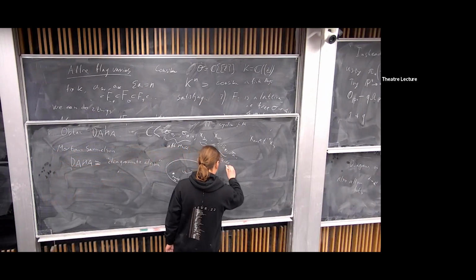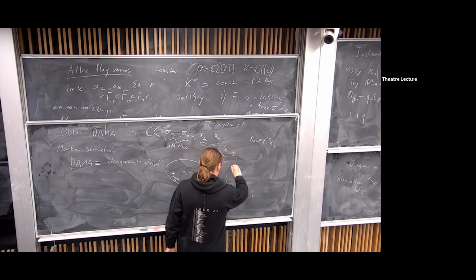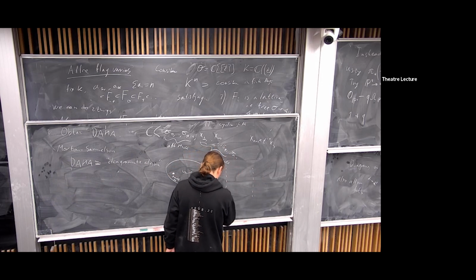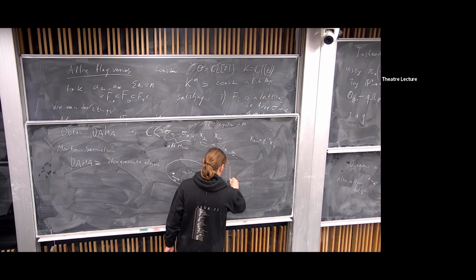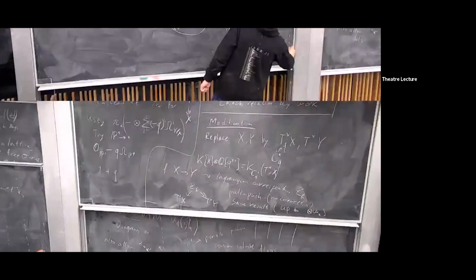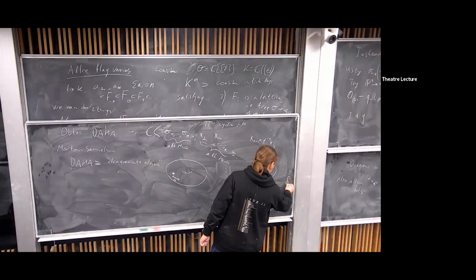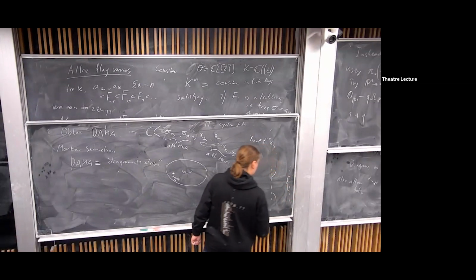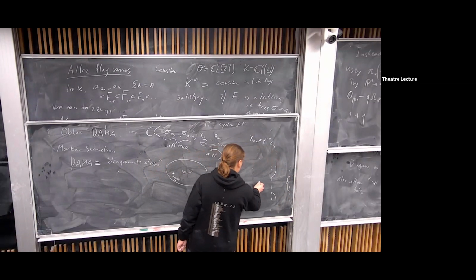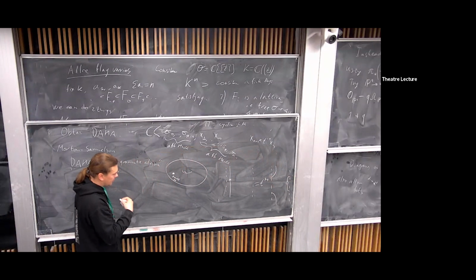So now if we do a dot here, or if we go to this side and do a dot here, then this is T times the dot times T inverse.